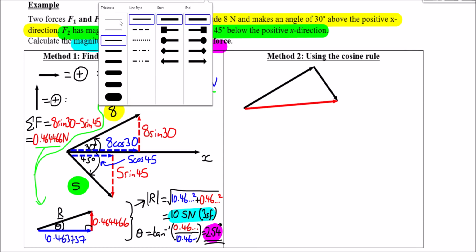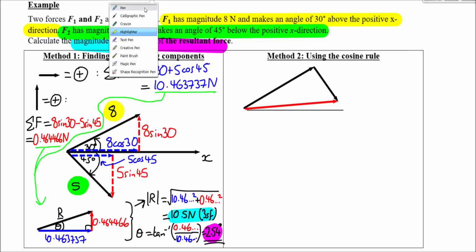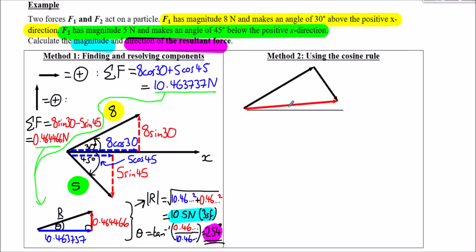So what we can do here is think about what we need to work out. So the direction of resultant force is this angle here, which obviously we can calculate soon enough. And the size of the resultant is just going to be the length of this red line, whatever that might be.